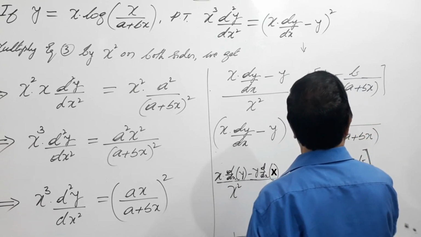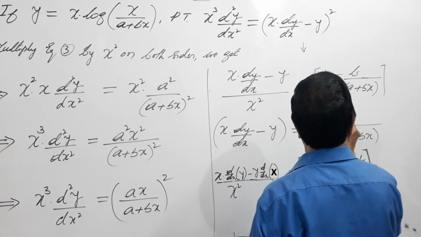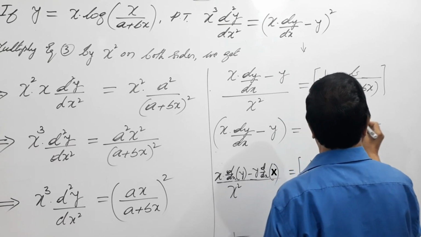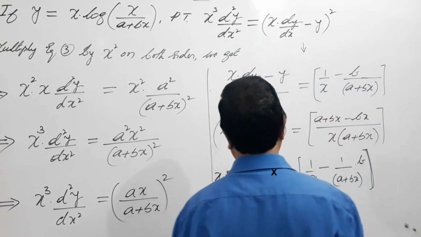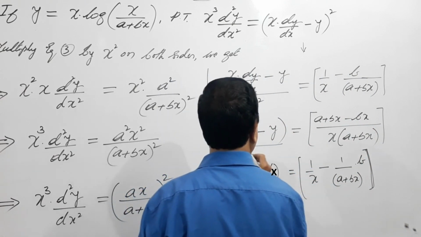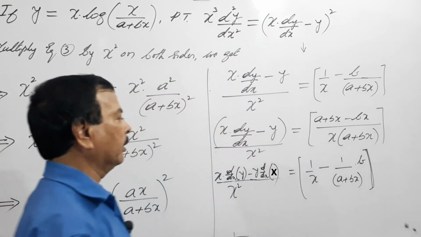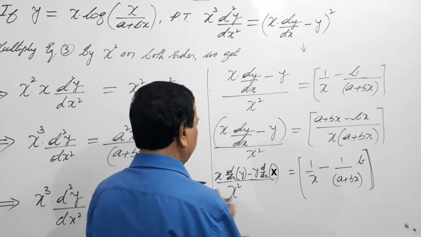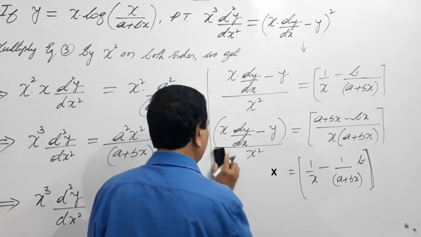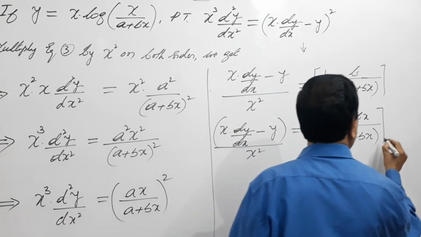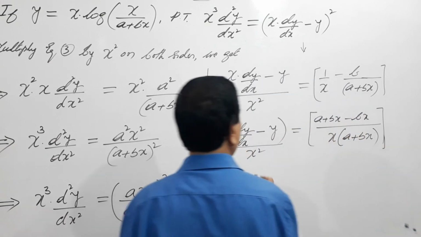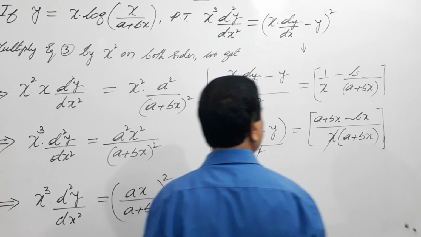So that was a plus bx minus bx, correct, divided by x square. So 1x cancelled.